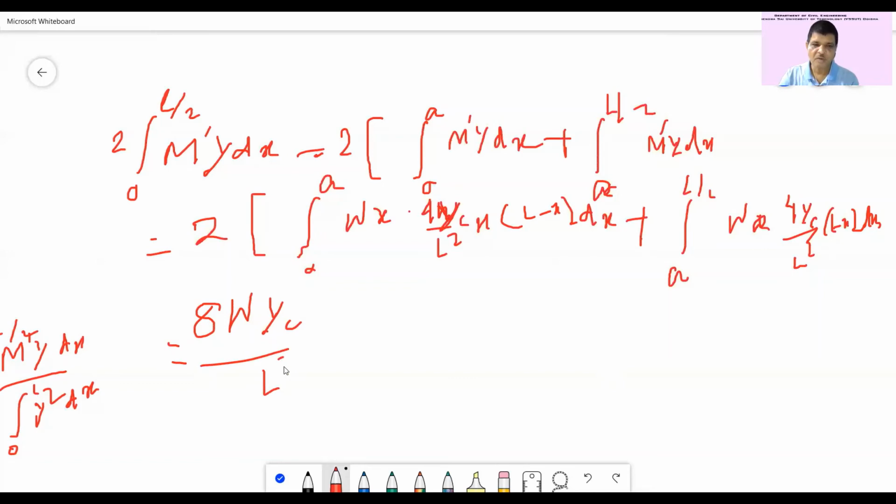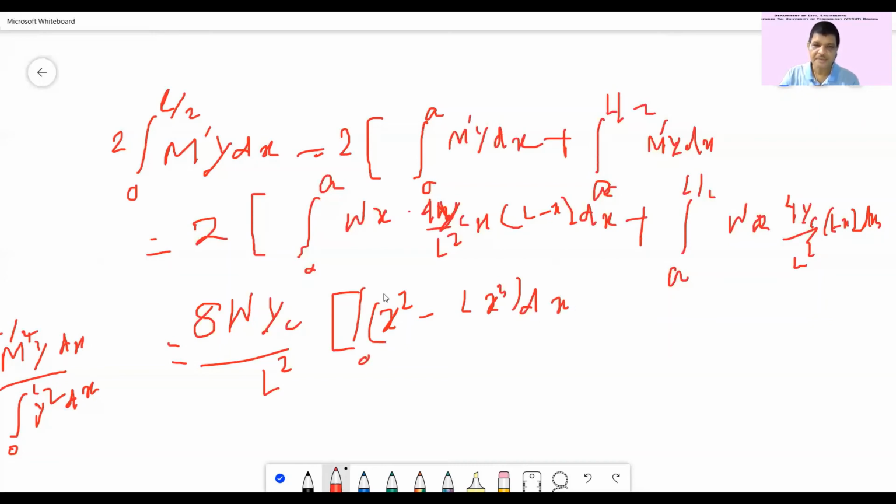Now the integration part: x into x square into L minus x cube, so the integrand is L x square minus x cube, into dx from 0 to a.